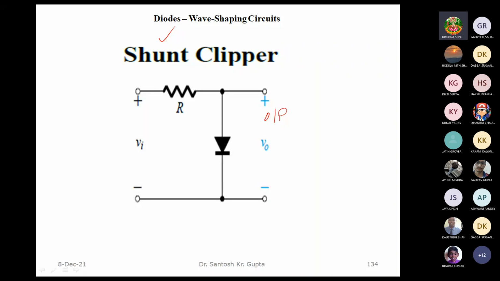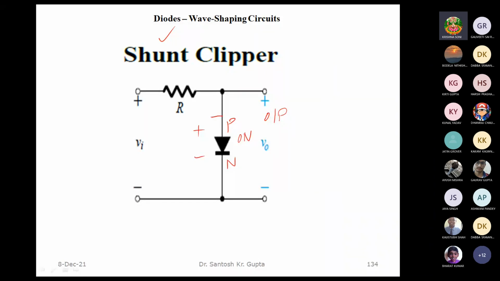If the input polarity is with the P side positive and the N side negative, then the diode is on, and we can replace it by a short circuit.